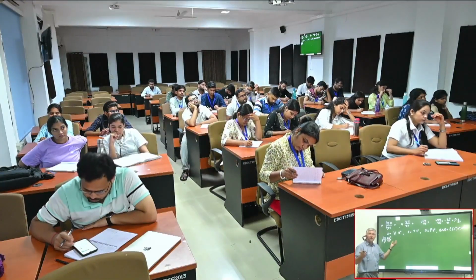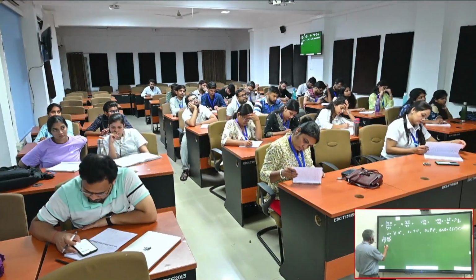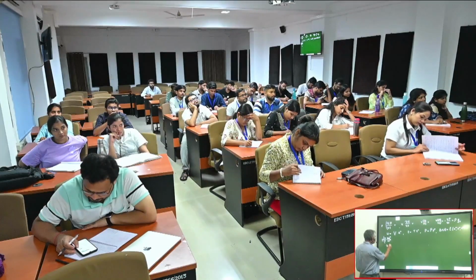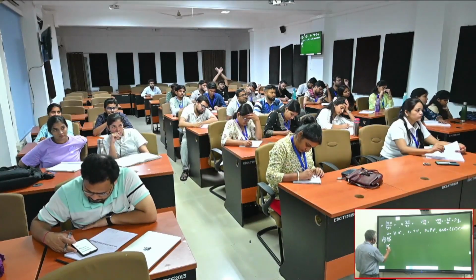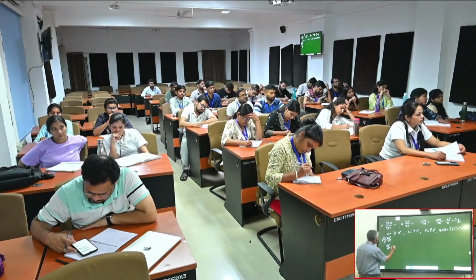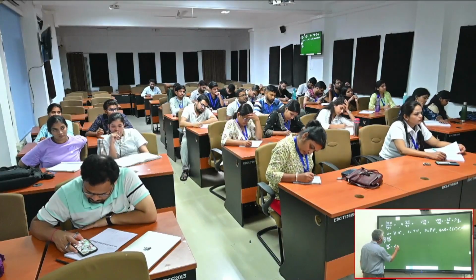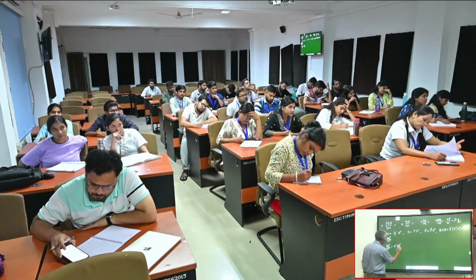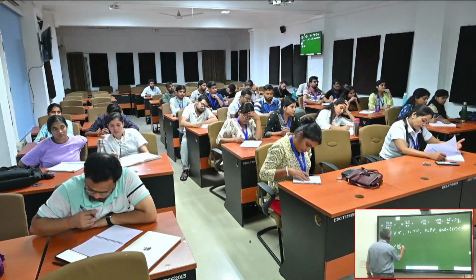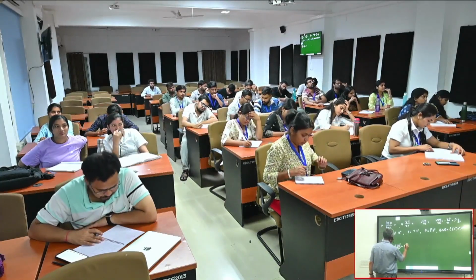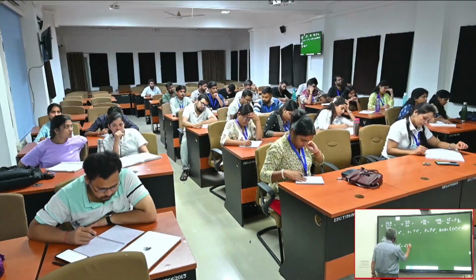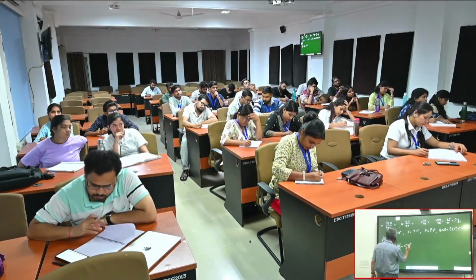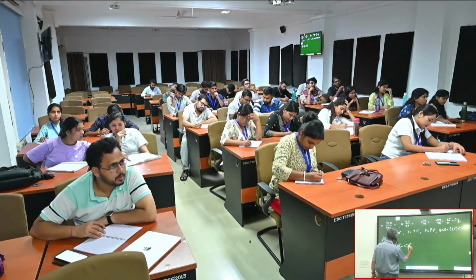You can divide through by them, and if you do, then you will get du star by dt star plus u star du star by dx star plus v star du star by dy star.